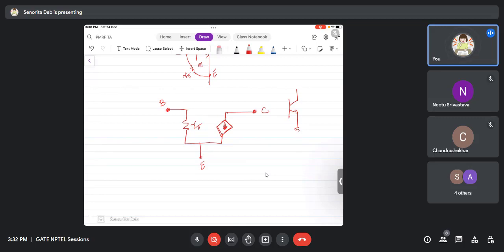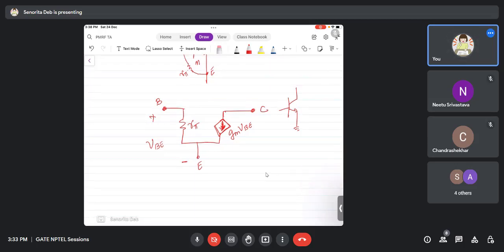And this current will depend on the input you apply between base to emitter. That is what it's all about. You applied a VBE, and therefore the current which flows here will depend on the VBE, and that is what is transistor action. A small change in input voltage causes a change in the output current of the device.